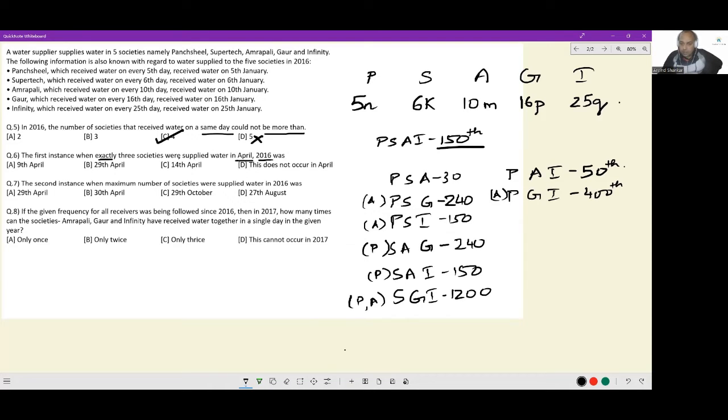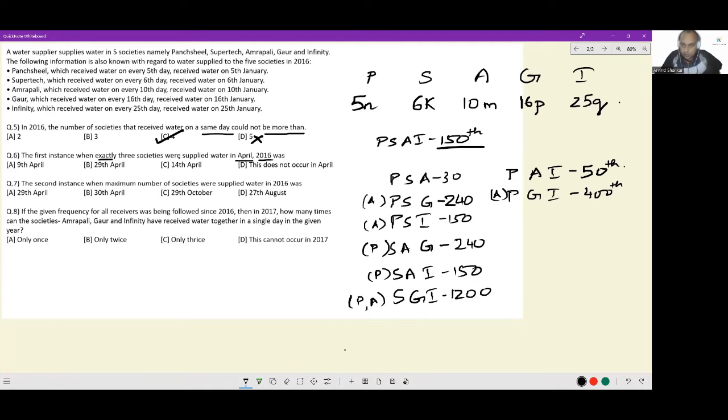Now the only pairing left. How do I have only one pairing left? PSA, PSG, PSI, then SAG, SAI. 5C3 is 10. PSA done, PSG done, PSI done. 3 pairings done. Next, PAG, PAI.